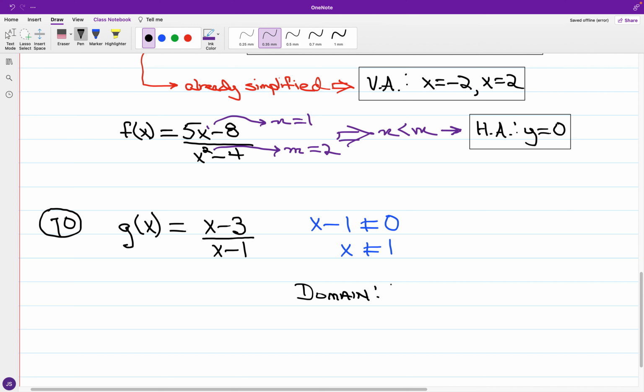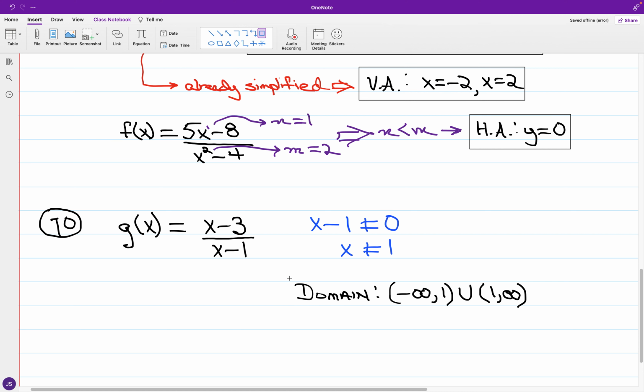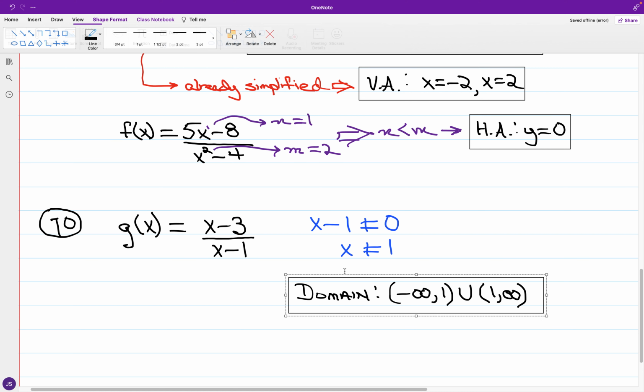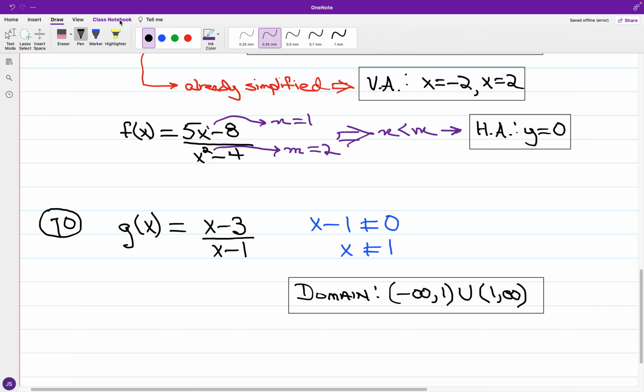So with the domain, we have two halves. The first half is those values of x which will be less than 1, and the upper half is those values of x greater than 1. And just like the functions in numbers 59 and 60, g of x is already in simplest form.